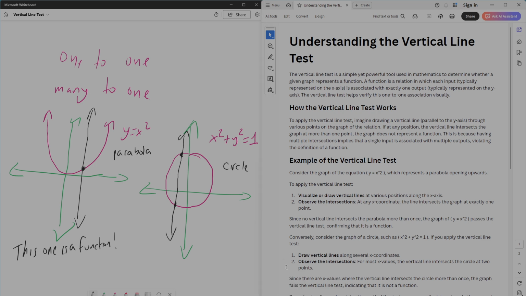It intersects two points, so it fails the vertical line test. That means that the circle is not a function. So this is useful because we can tell by looking at a graph whether it is a function or not.